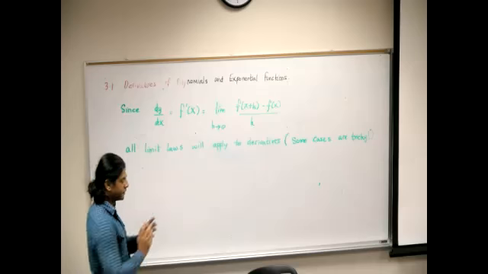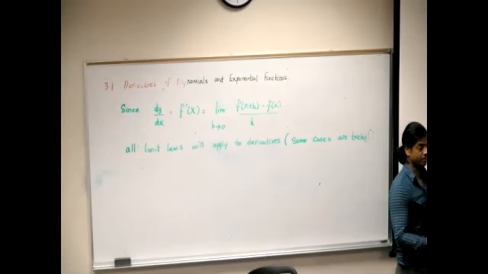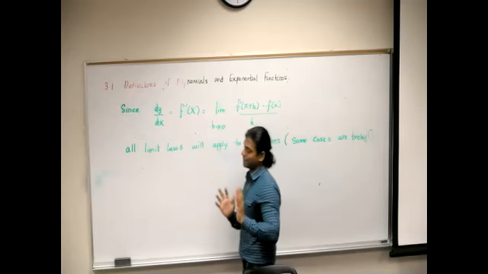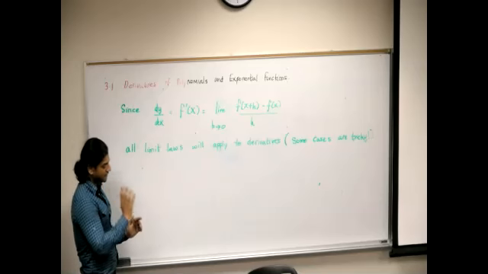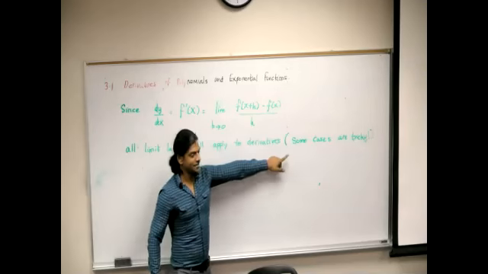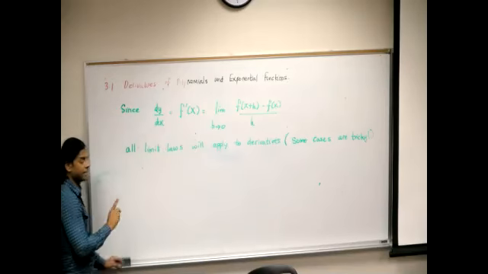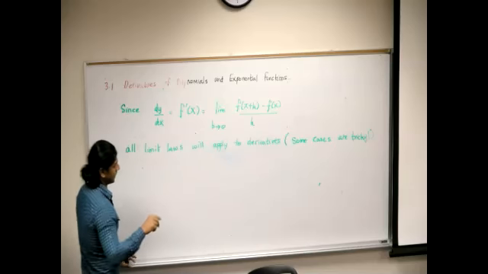In the sense, if you directly apply the limit law, the answer would probably be 0, or it would end up being an indeterminate form. So we've got to be careful, even though all limit laws will apply, some cases it is tricky unless you make some changes. We will encounter such a case when we get to the product rule.